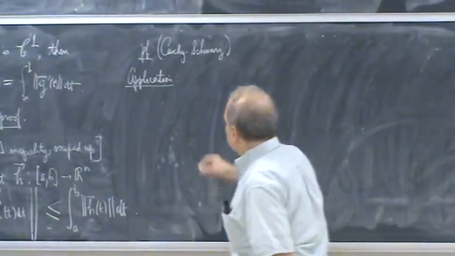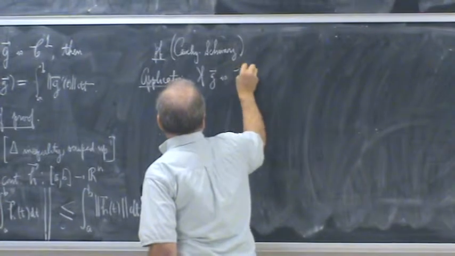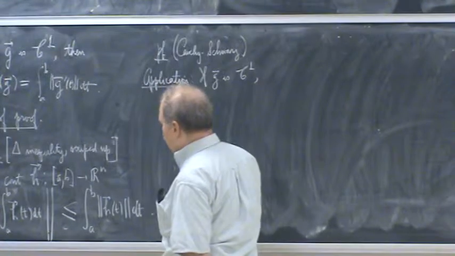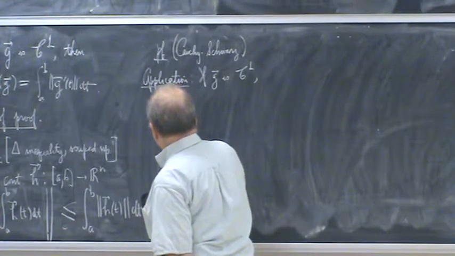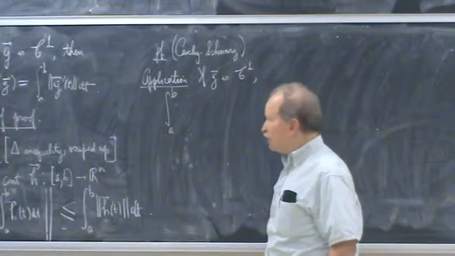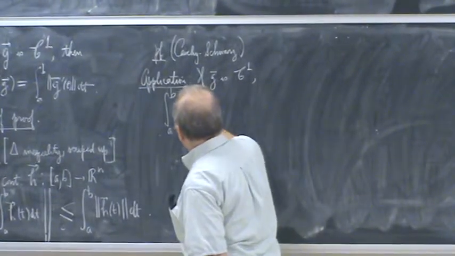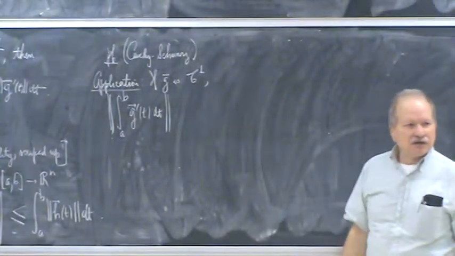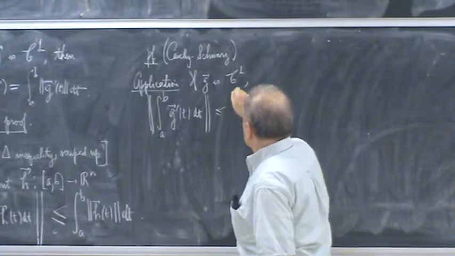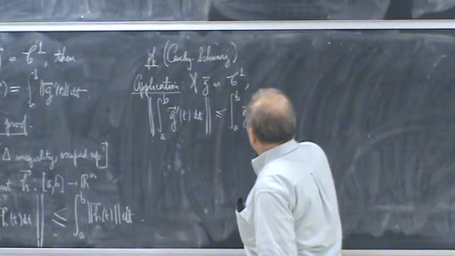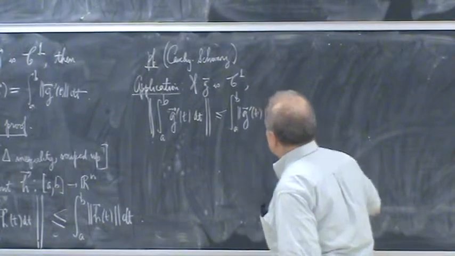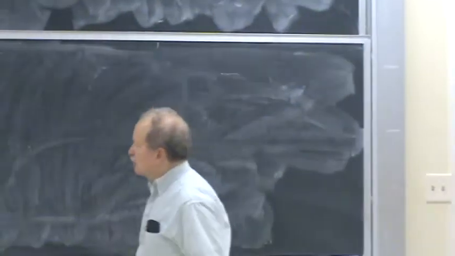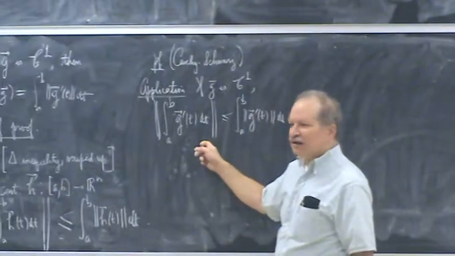Well, if g is C1, integrating from anything to anything else, I'll do a and b, but it works more generally, integrating g prime, and then taking the magnitude, is less than or equal to integrating the magnitude of g prime. Now I want you to all tell me what this means. What's the left-hand side?